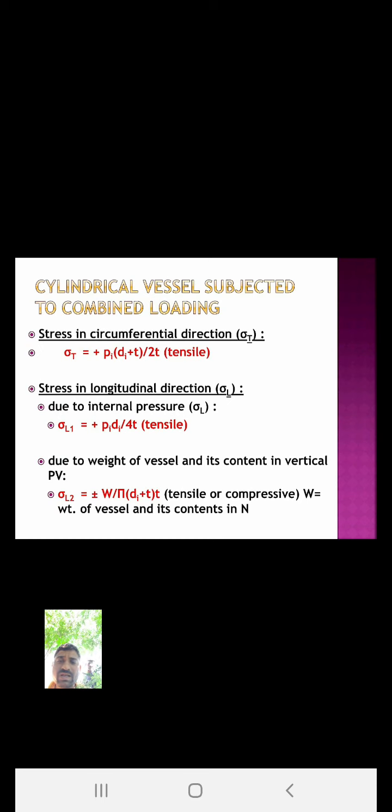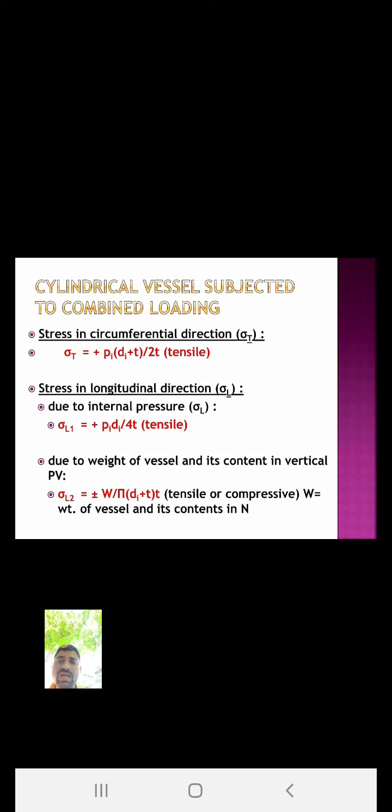Stress in the circumferential direction, sigma t, is equal to, as we have already seen, Pi into D divided by 2t, in which D is the mean diameter, equal to Di plus t, the internal diameter of the shell plus the thickness of the shell. This is tensile. t is the thickness of the cylindrical vessel shell. We are not considering corrosion allowance here.